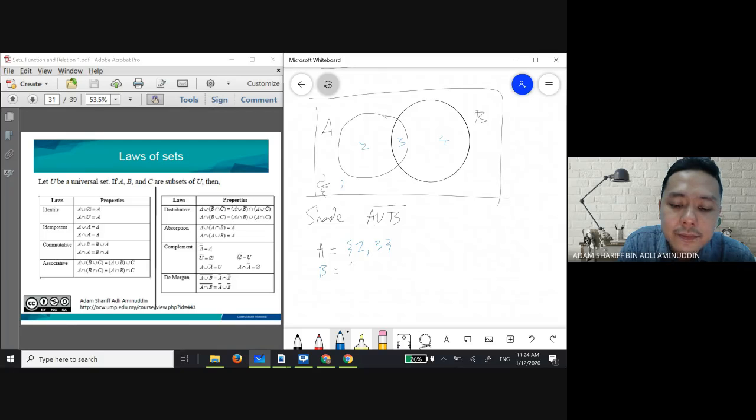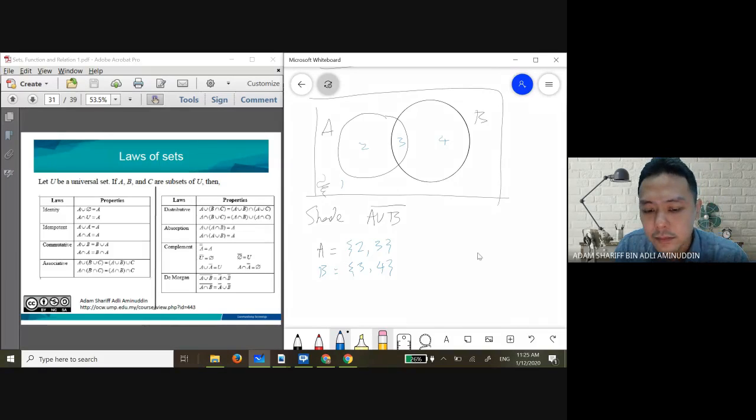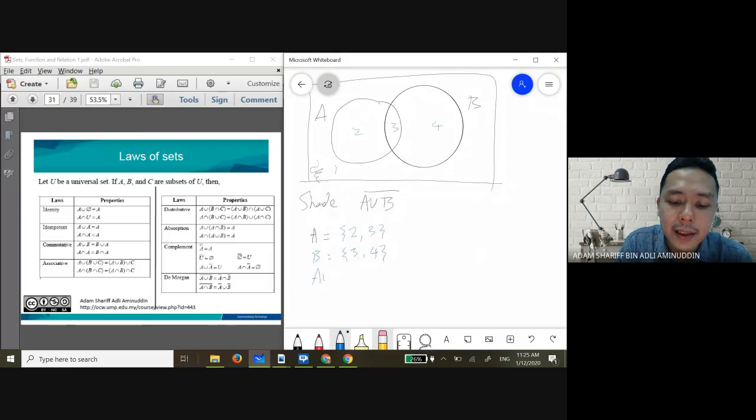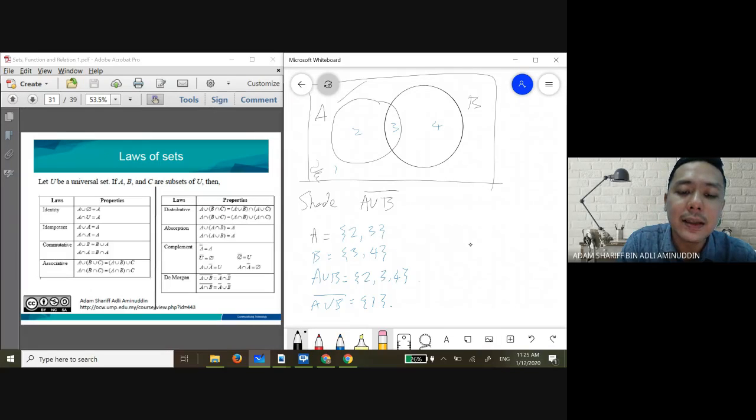Region B 3, 4. So apakah A union B? Ialah 2, 3, 4. Dan apakah A union B complement is 1. So you only label area 1.